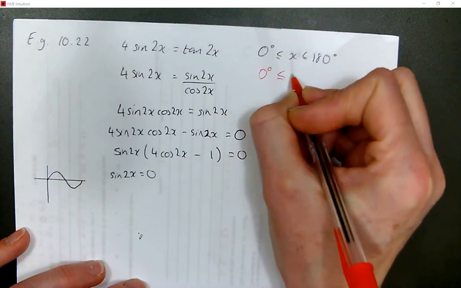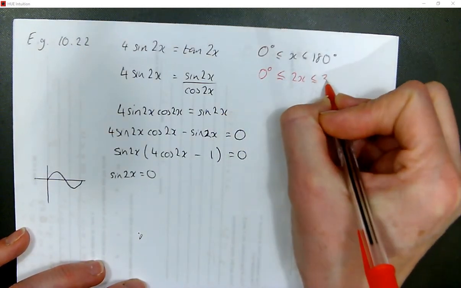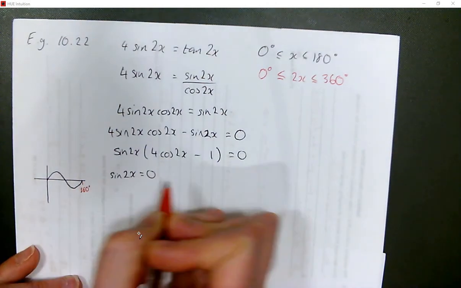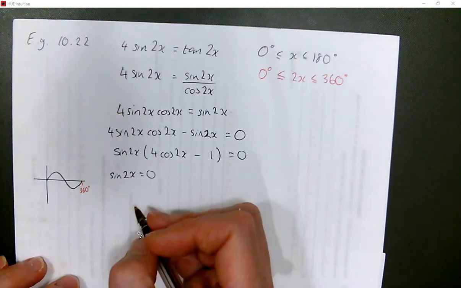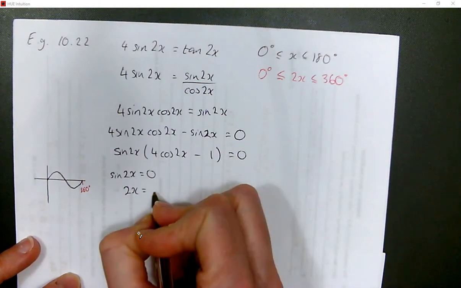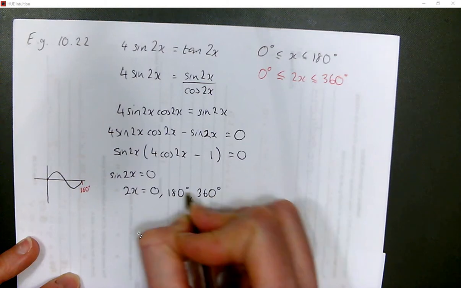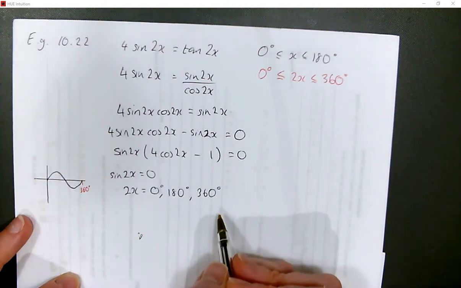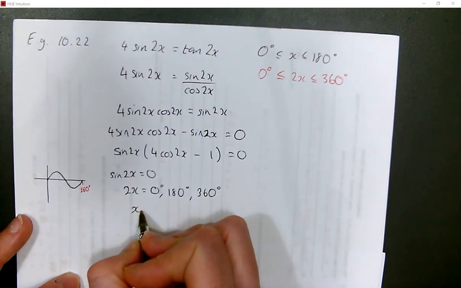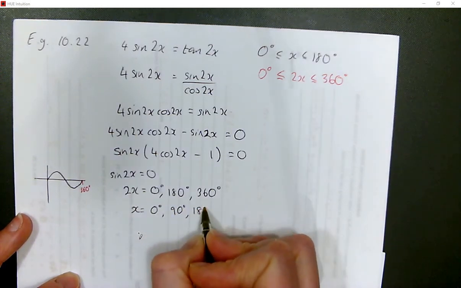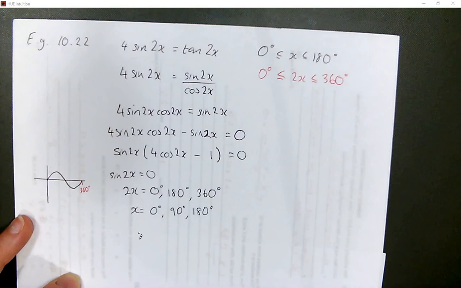So we're going to double everything. We're interested in going all the way to 360 degrees. That will give us that 2x is equal to 0 or 180 or 360. We found all of the values first, so now we halve them, so that they're in the original range.